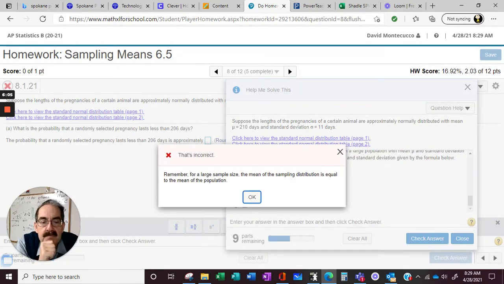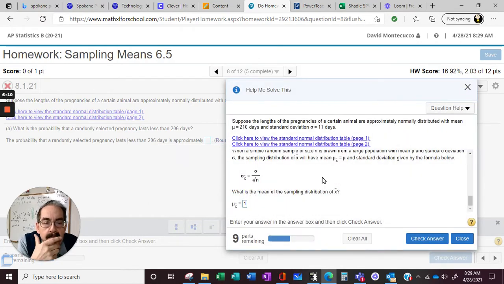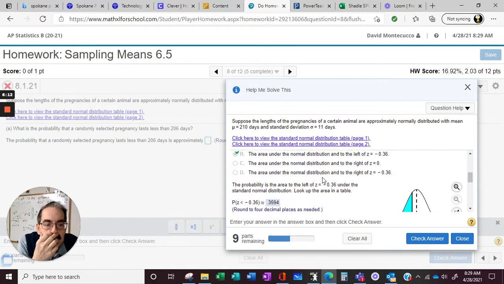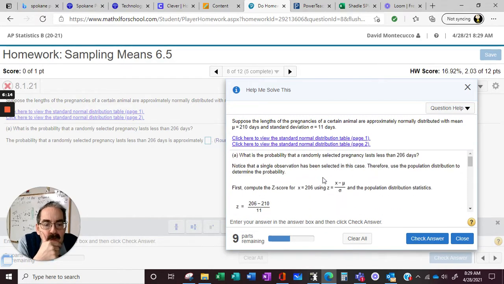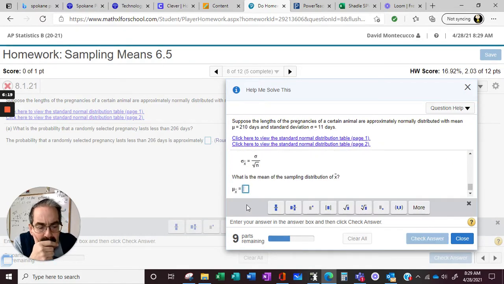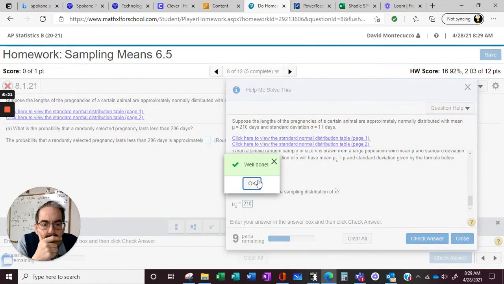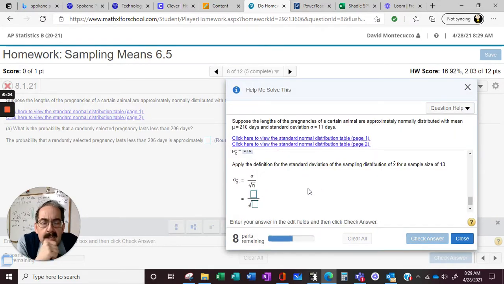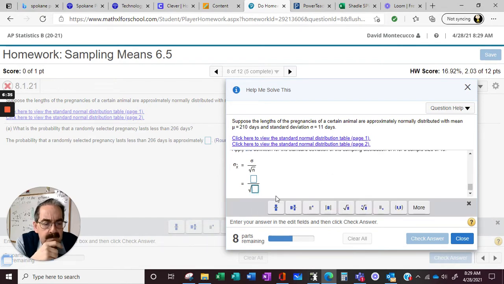Remember that for the larger sample size, the mean of the sample distribution is equal to the mean of the population. So the mean of the population is 210. Now our sample size is 13.